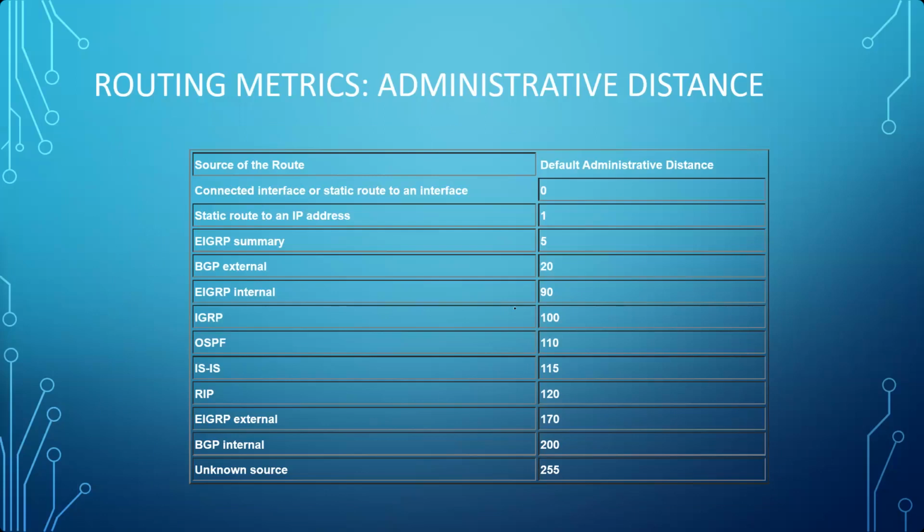So when we want to compare routes to each other from different routing sources, we're going to use what's called the administrative distance. So let's say, for instance, I get a route from me to Google, and I'm getting it from RIP.